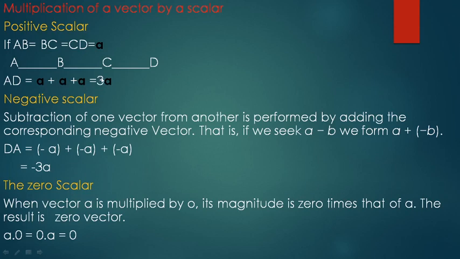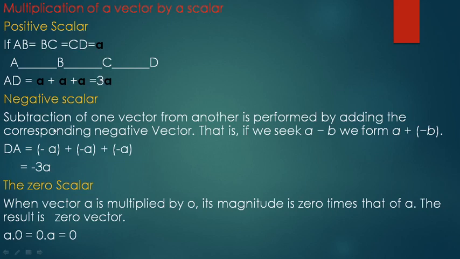So 3 is a positive scalar, a scalar multiple of A. So the vector AD is 3A, and 3 is a scalar.